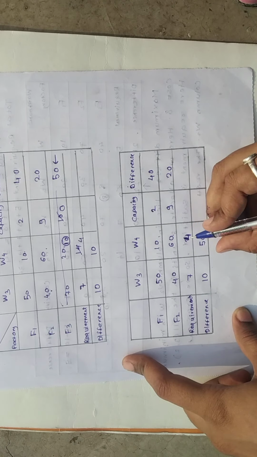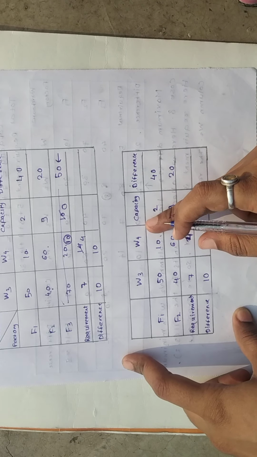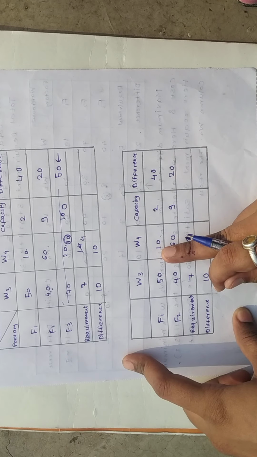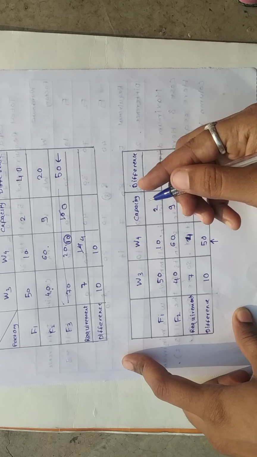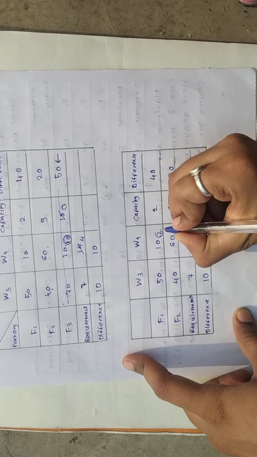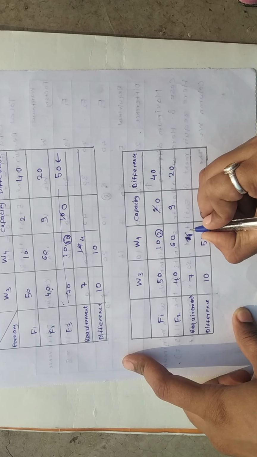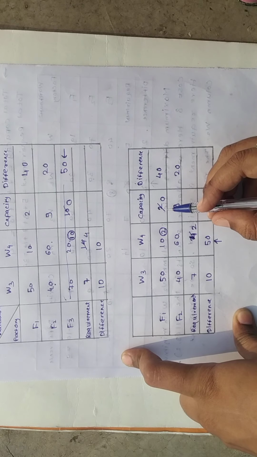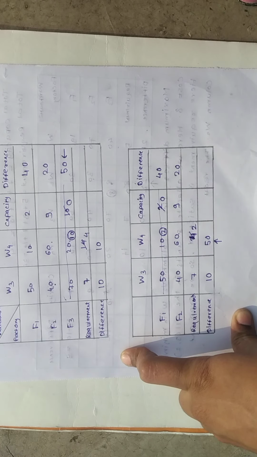The maximum difference is 50, which lies in column W4 with minimum cost 10. For 10, capacity is 2 and requirement is 4, so the minimum is 2, so we allocate 2. 2 minus 2 is 0, 4 minus 2 is 2. Here the capacity is satisfied, so we cross out this row.